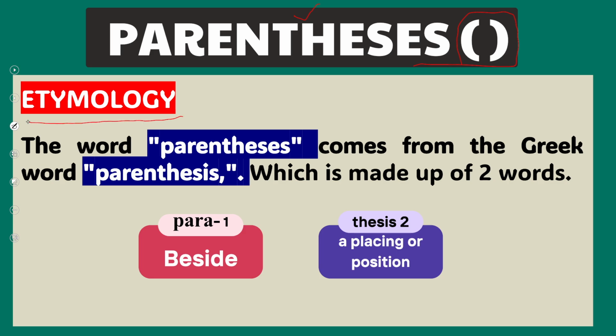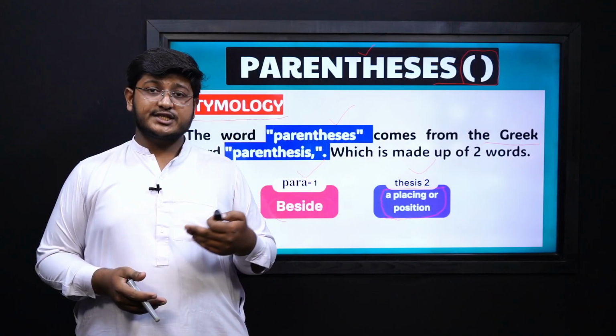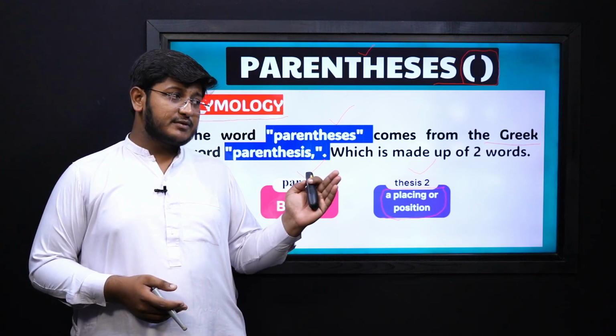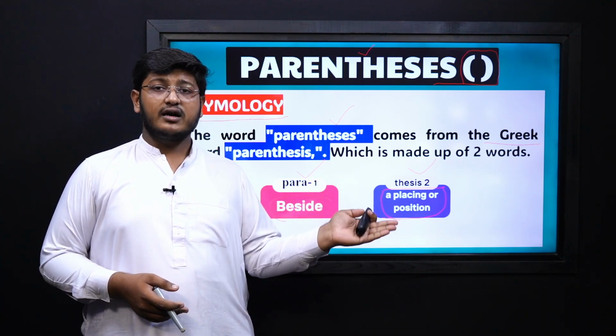The word parenthesis comes from Greek, and it is a combination of two Greek words. The first word is para, which means beside, and the second word is thesis, which means placing or positioned. So parenthesis means placed beside or placed within the text.